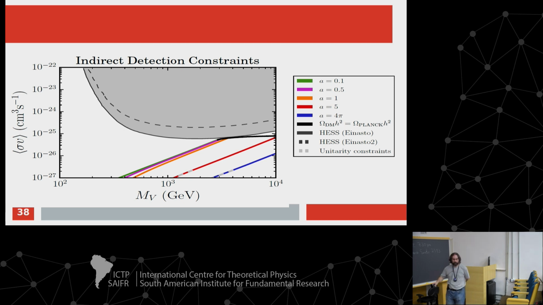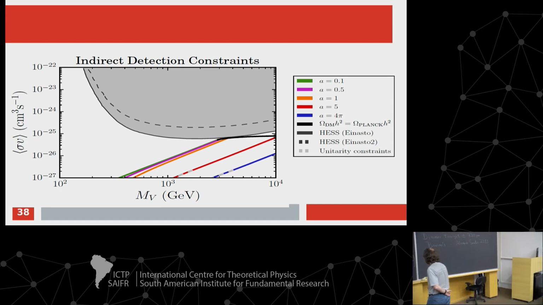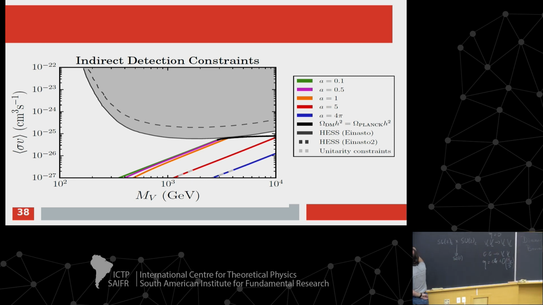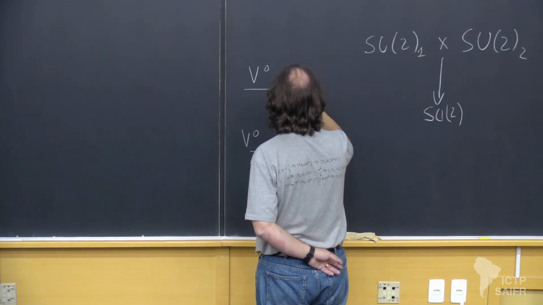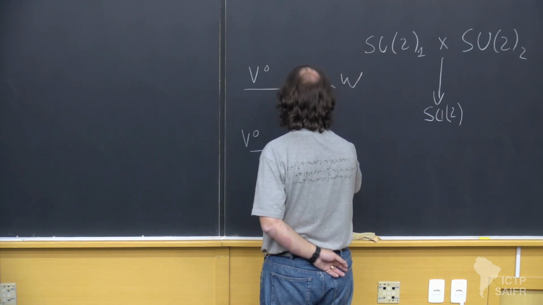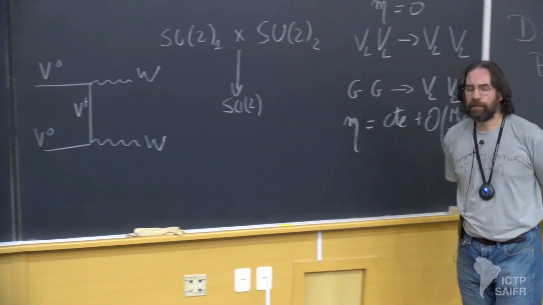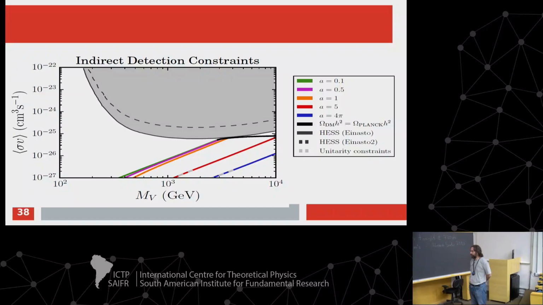The main process for indirect detection is V0, V plus, for instance, W, and W. And you're right, you have the propagator there.